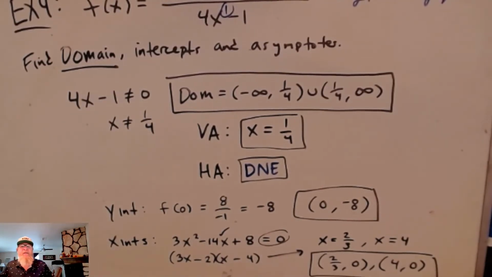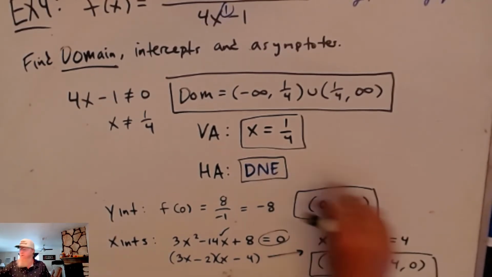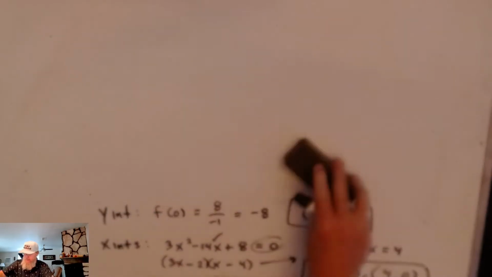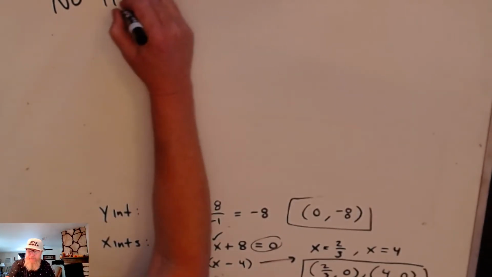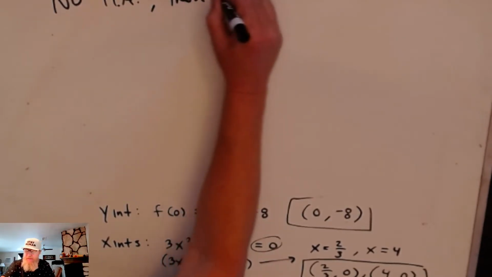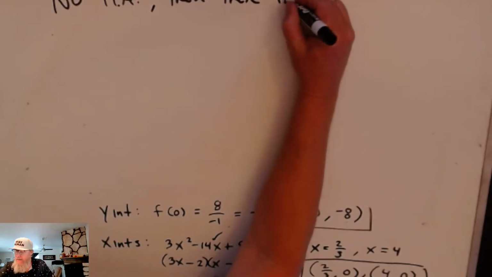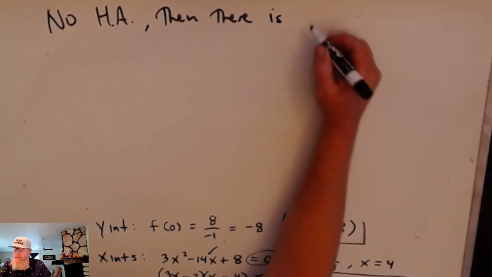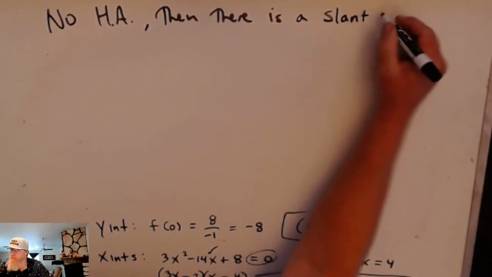Okay, so let's talk more about what happens when there's no horizontal asymptote. If there's no HA, then there may be, I'm going to say there is, but it's actually a maybe, a slant asymptote?